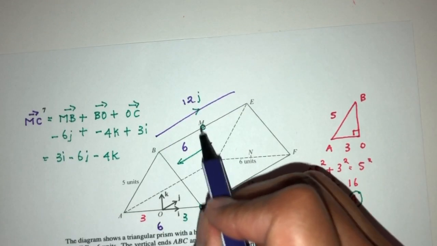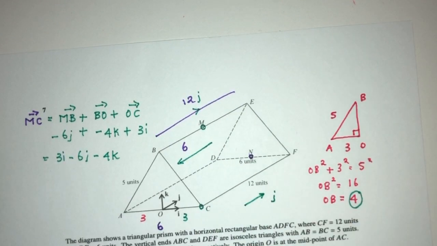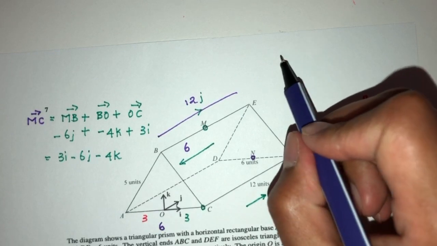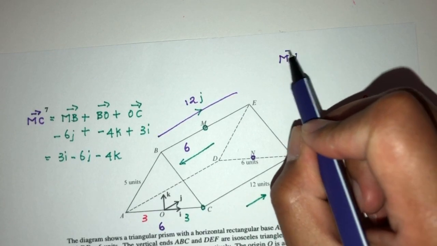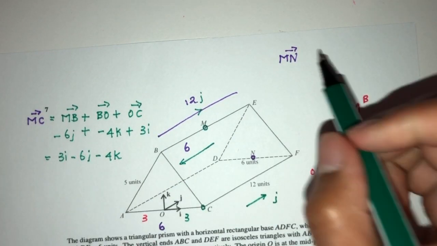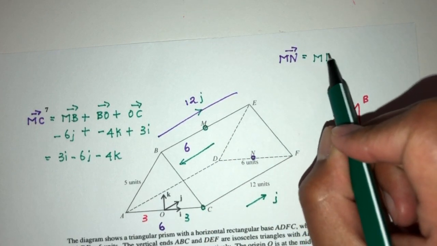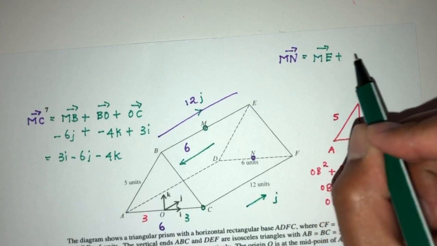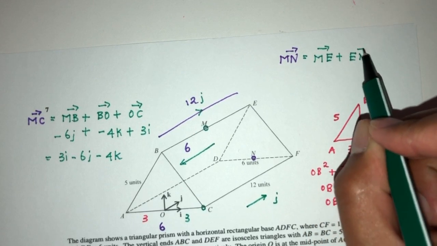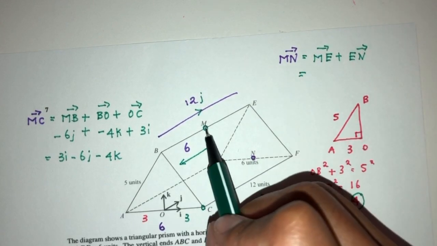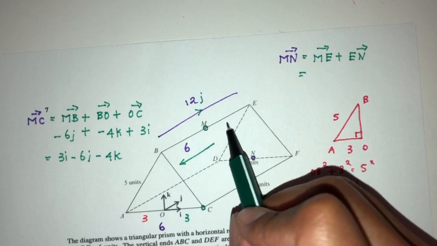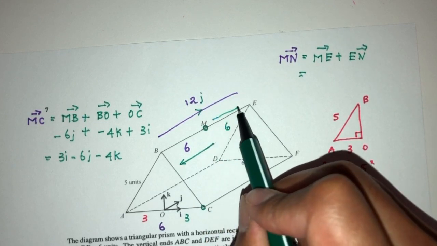The next one, we have to find the value of vector MN. From M going to the endpoint. So again, step by step. By observation, we can first go from M to E, and then from E, let's go to N. Because this is the midpoint, this is also 6, and in this direction it will be positive.